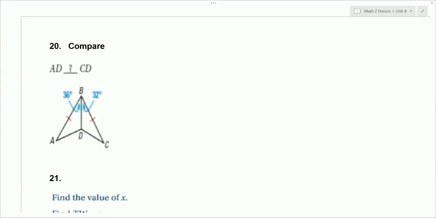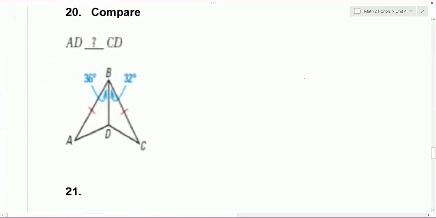Number 20, we want to compare AD and CD. AD is opposite 36 degrees, and CD is opposite 32 degrees.